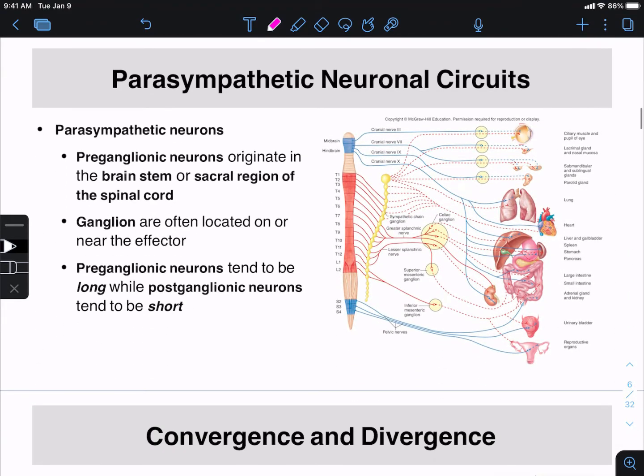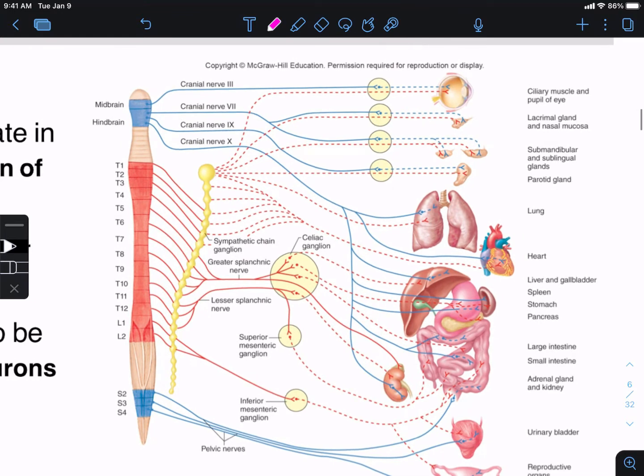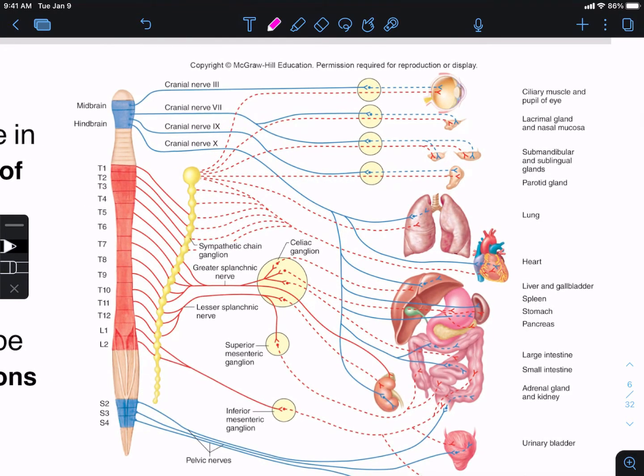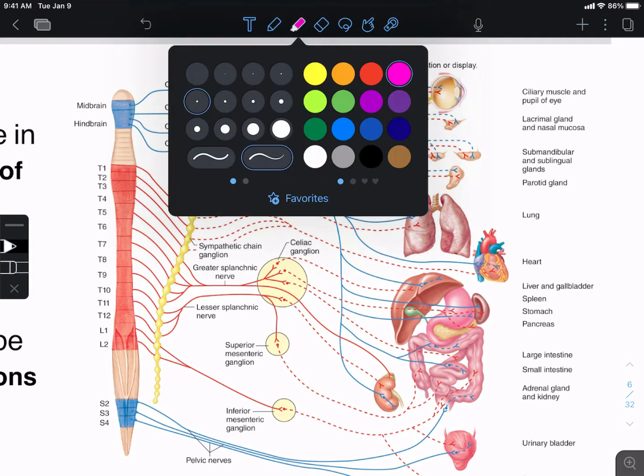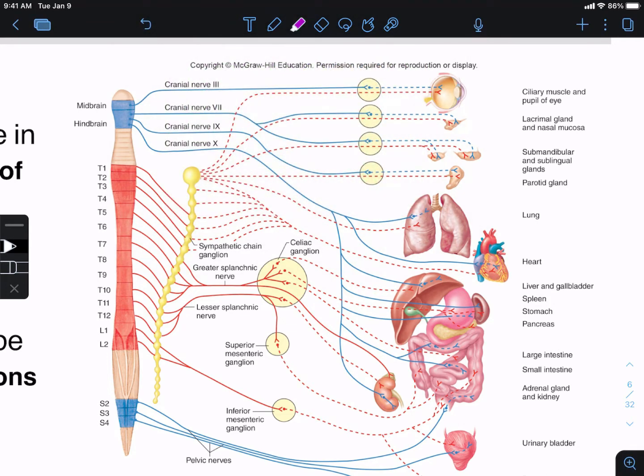Now if we look at parasympathetic neural circuits, these ones are shown in blue on this picture here, you're going to see some characteristic properties of the parasympathetic nervous system, including neuron cell bodies located in the midbrain and the hindbrain, and then we also have cell bodies located in the sacral region of the spinal cord.